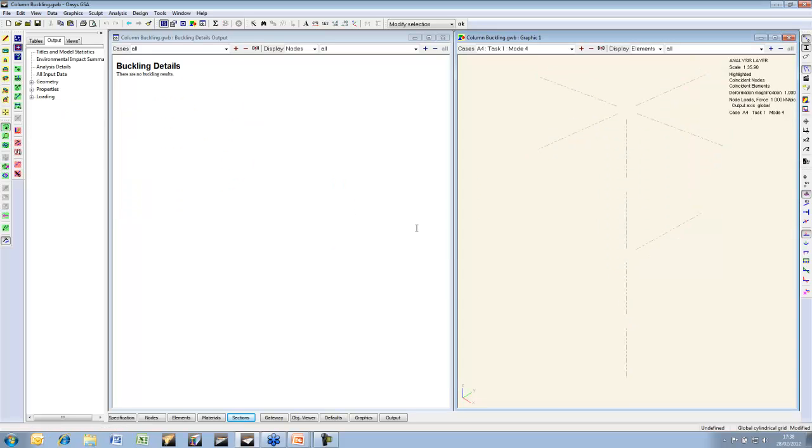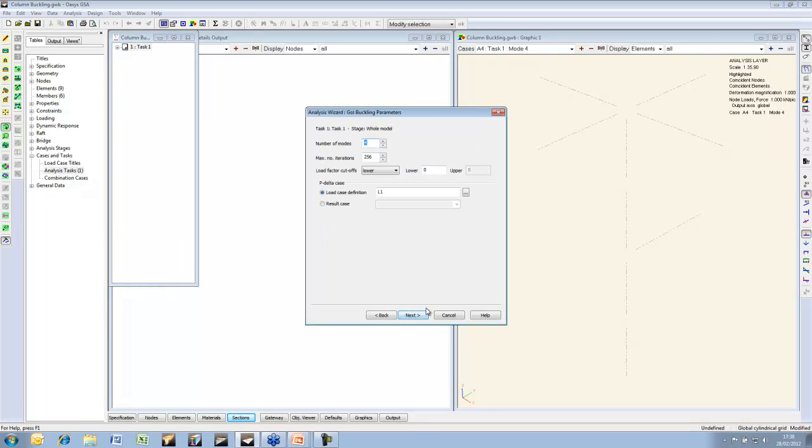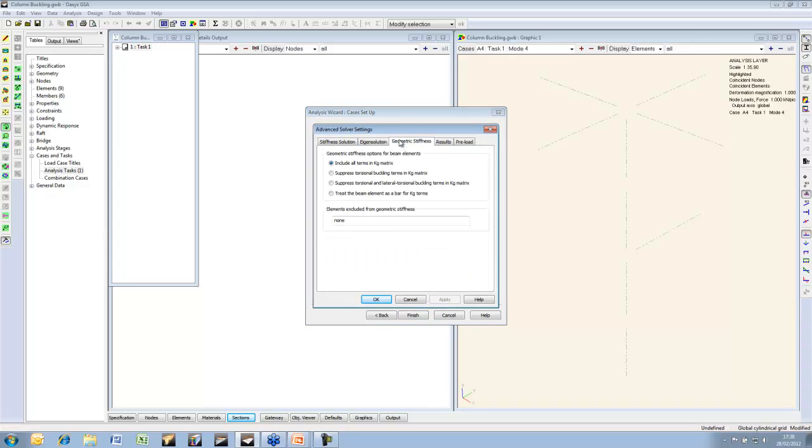Let me go and prevent those by editing the analysis task. Now under the advanced options, under geometric stiffness, I can suppress these torsional and lateral buckling terms. Basically, I'm saying one of the elements can't really do lateral torsional buckling, and the torsional buckling I'm not interested in.